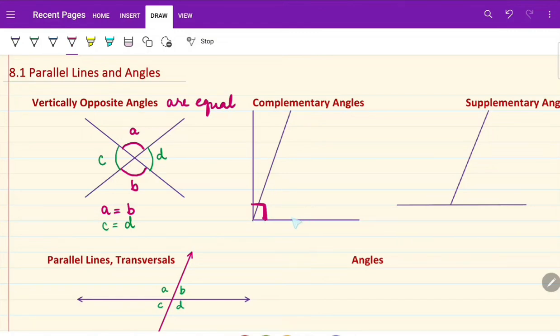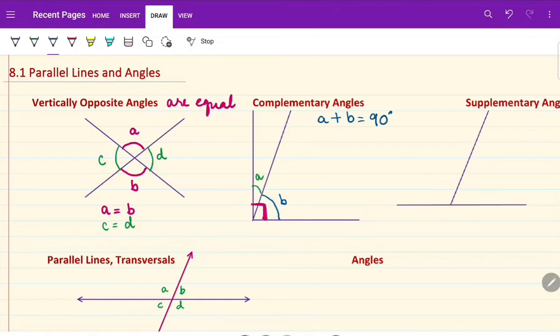It's a right angle, and it's bisected, divided into two separate angles, and I'll name the smaller angle as angle A, and the larger angle over here as angle B. And A plus B adds up to 90 degrees, and therefore they are complementary angles.